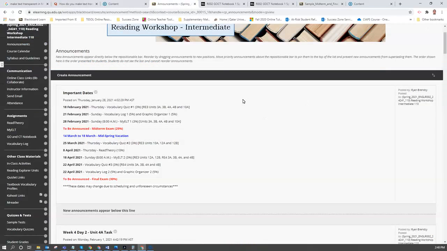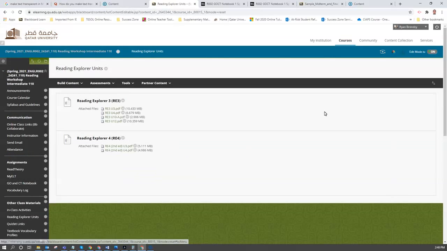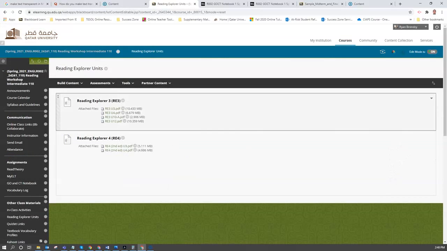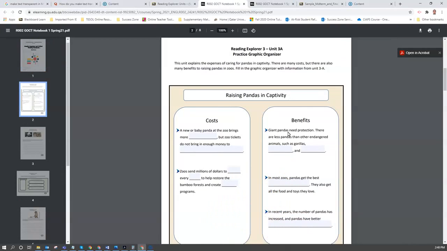And remember, to see the textbook, we go down to Reading Explorer units, and we have the textbook units here. So for graphic organizer 1, we're going to be doing units 3A and B, 4A and B, and 10A, just those ones.